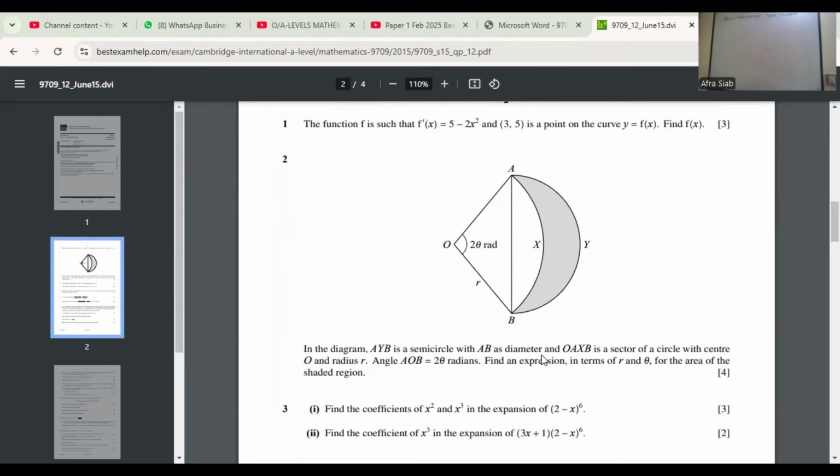Question number 1: the function f is such that f dash of x is equal to 5 minus 2x square, and (3, 5) is a point on the curve y is equal to f of x. Find the equation of this curve.